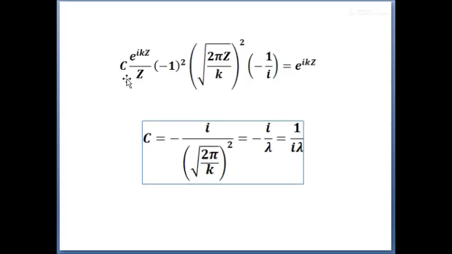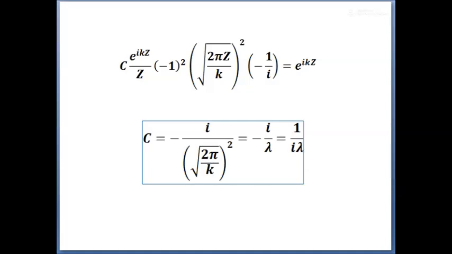You can get c to the power ikz by z minus 1 square root over 2 pi z by k whole square minus 1 by r, that will be ikz. And c will be minus I by root over twice pi by k whole square. So this will be minus I by lambda, since k is equal to twice pi by lambda. So the value of I by lambda, that will be 1 by I lambda.